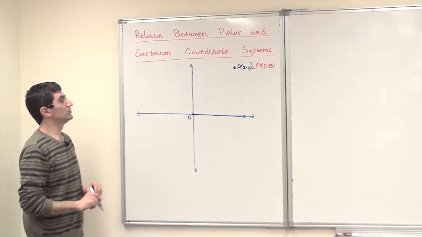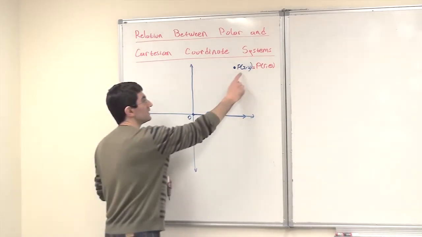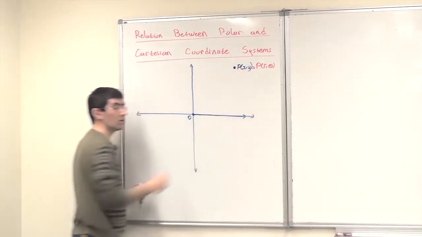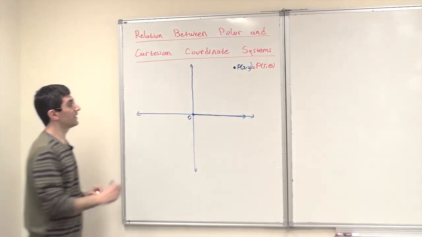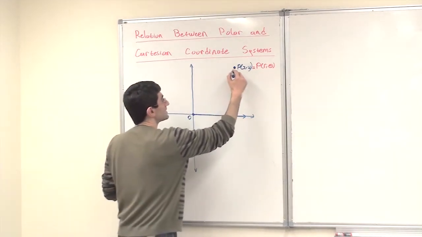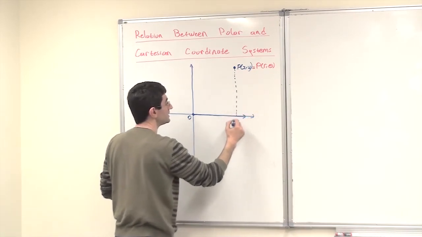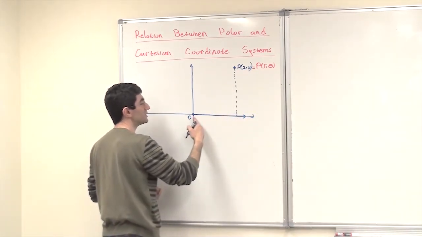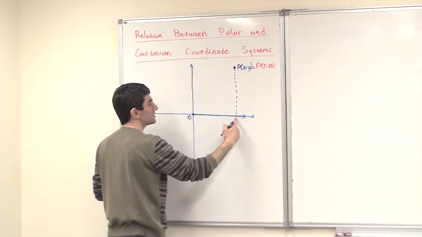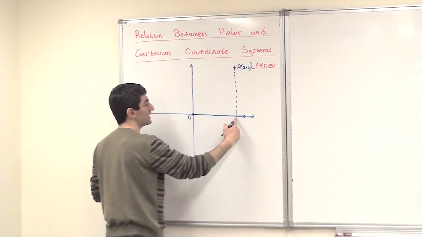To find these relations, let's show these quantities on our coordinate system. So x is the following distance. It's the distance between the origin and the projection of the point P onto the x-axis.